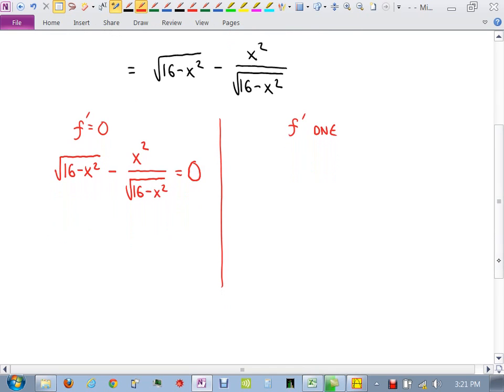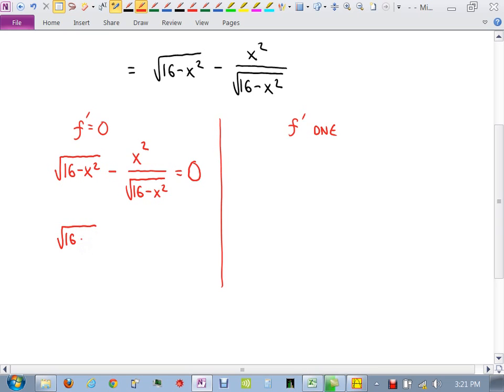The good thing about having an equation is we can multiply both sides of the equation by anything we want, right? So how could we clear the fraction out? By multiplying both sides by what? Square root of 16 minus x squared. Now, how many of you would want to just move that negative x squared over root 16 minus x squared to the other side first? We could do that first if you want.